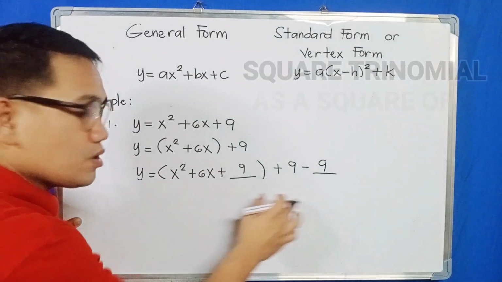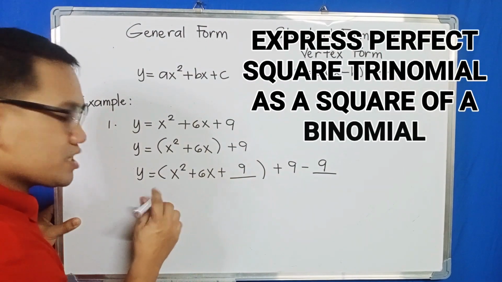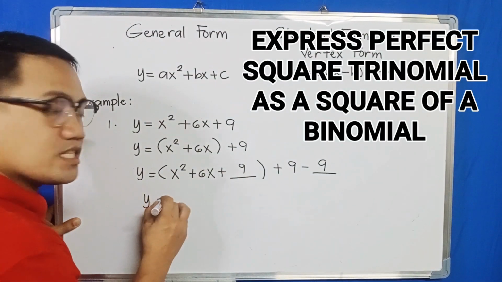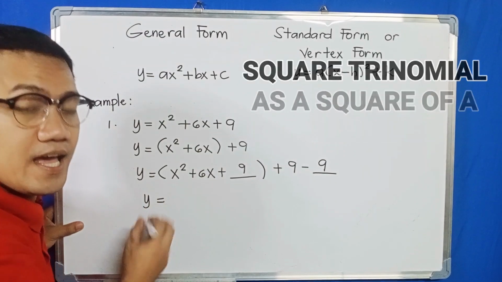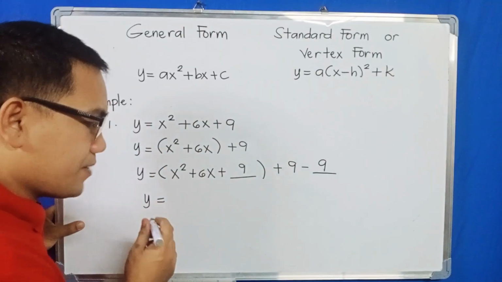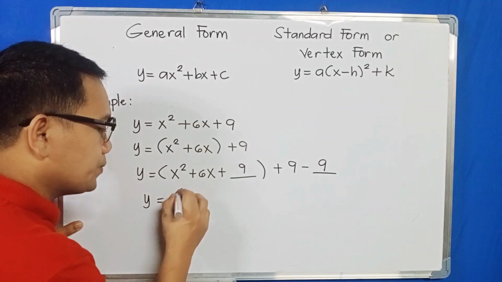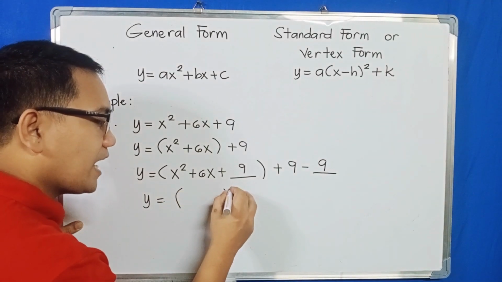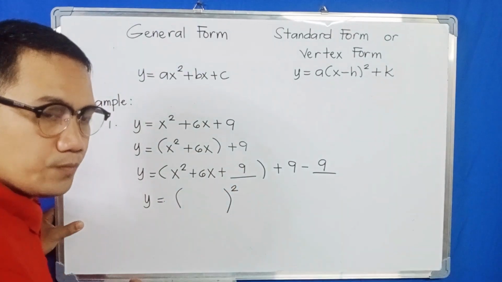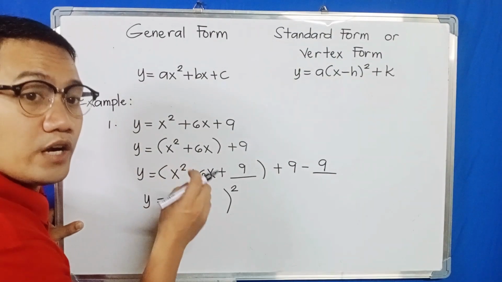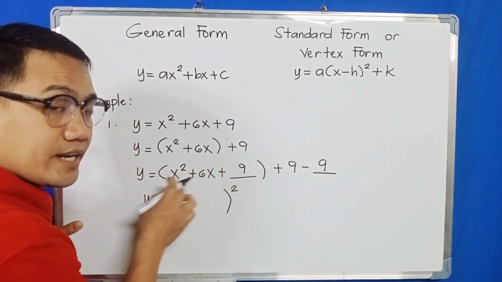After this, we will express this perfect square trinomial as a square of a binomial. Again, square of a binomial. It follows that we have a grouping symbol with an exponent of 2. So what would be the square of a binomial of this perfect square trinomial?